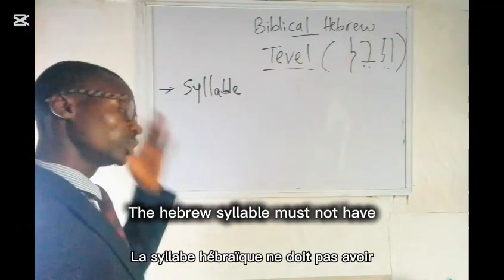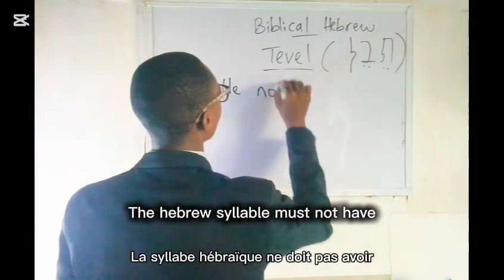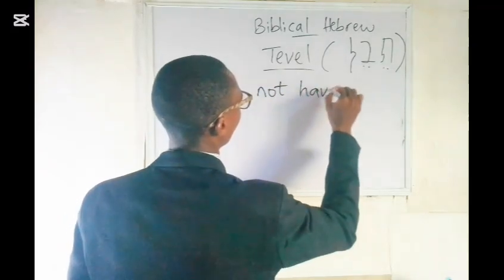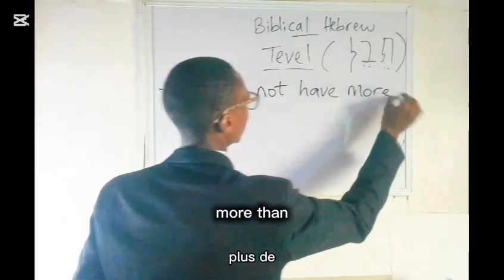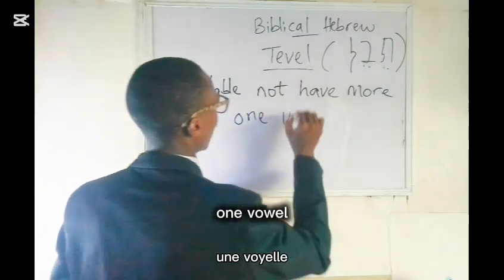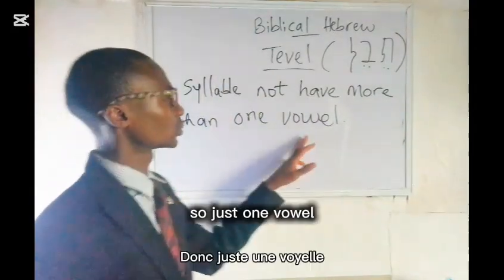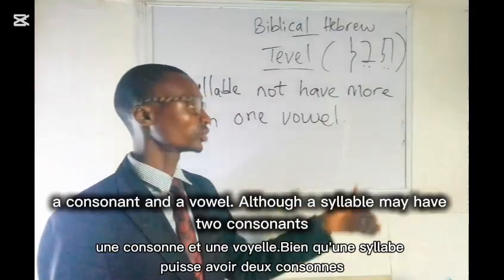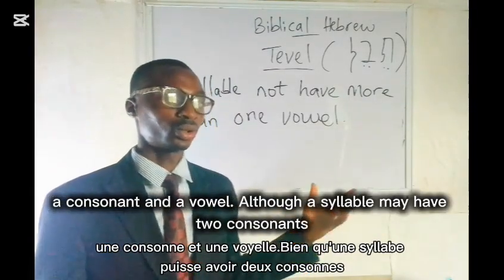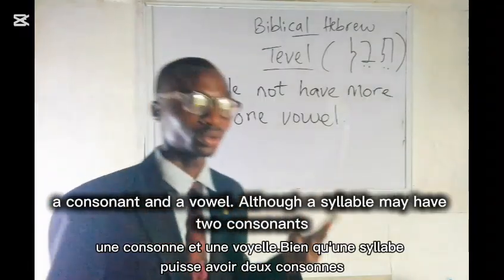So the Hebrew syllable must not have more than one vowel. So just one vowel, a consonant, and a vowel. Though the syllable may have two consonants.